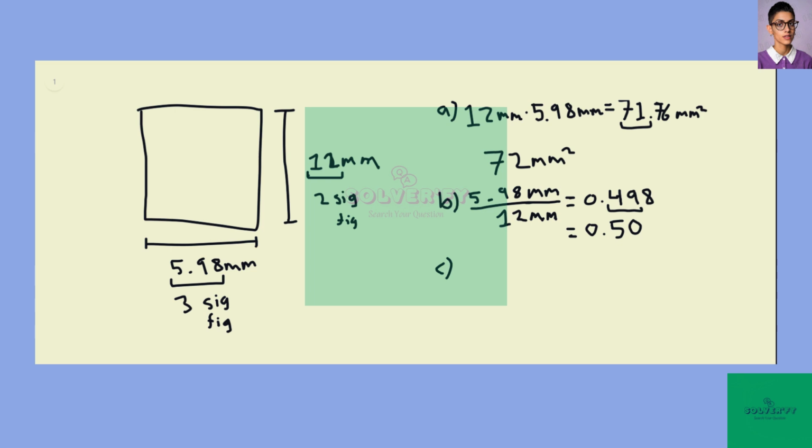Okay, and for part C, the perimeter of the rectangle. So the way we solve this one is we add up the lengths and the widths. And since there's 2 of them on each side, it's 2 times 12 millimeters plus 2 times 5.98 millimeters.